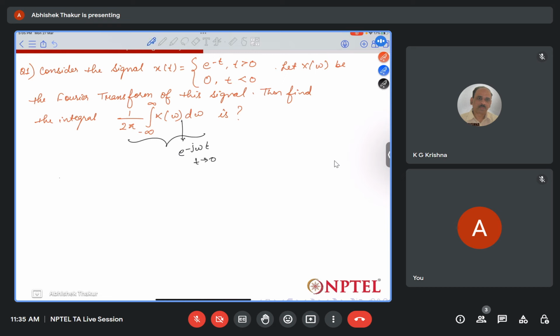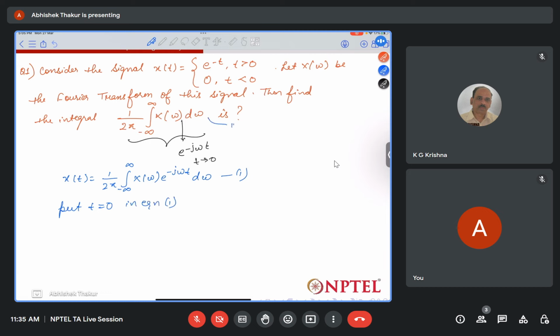We write x(t) is equal to 1 by 2 pi integral from minus infinity to infinity of X(omega) e to the power of minus j omega t d omega. We can write this using the inverse Fourier transform formula. In this equation, if we put t equal to 0, it will be similar to the integral asked in the question.